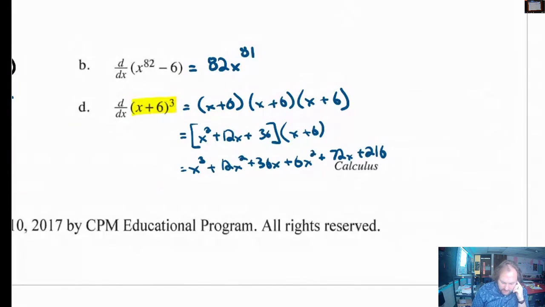There we go. And if you combine it all together, we get x to the third plus 18x squared plus 72 plus 36 is 108x plus 216.